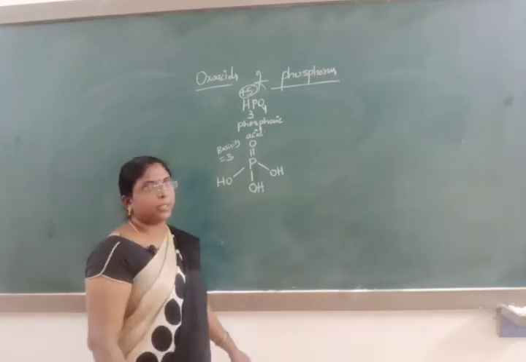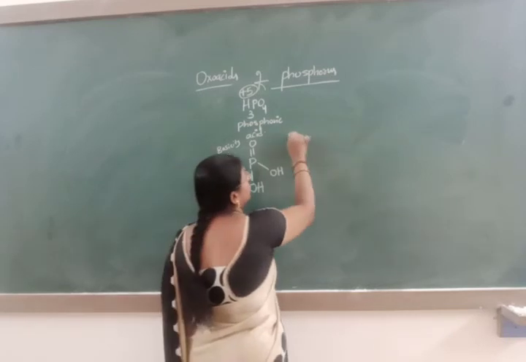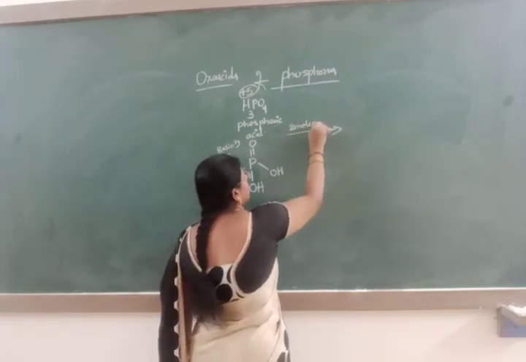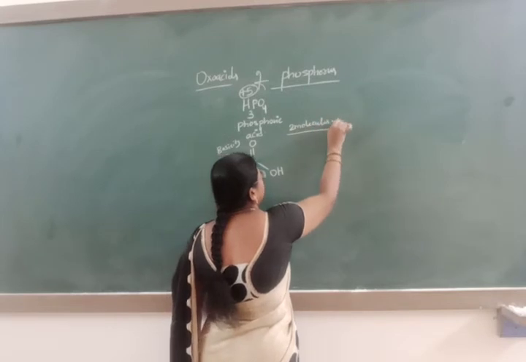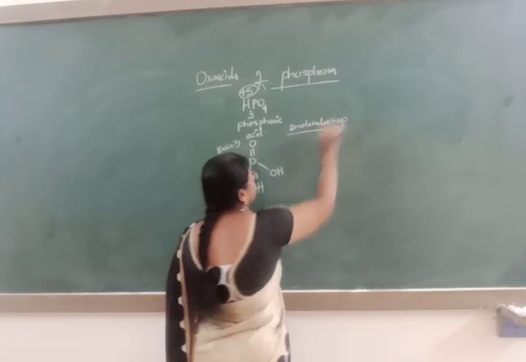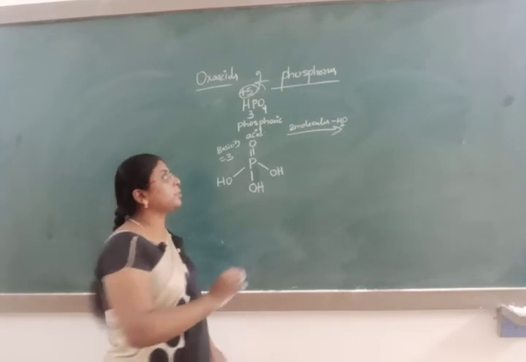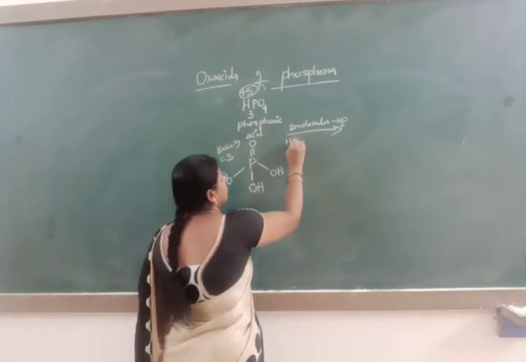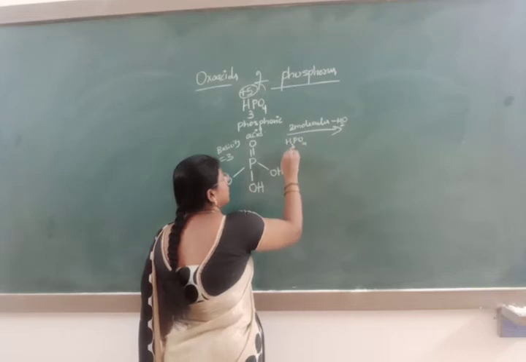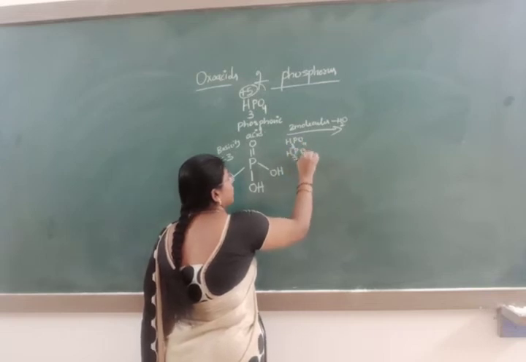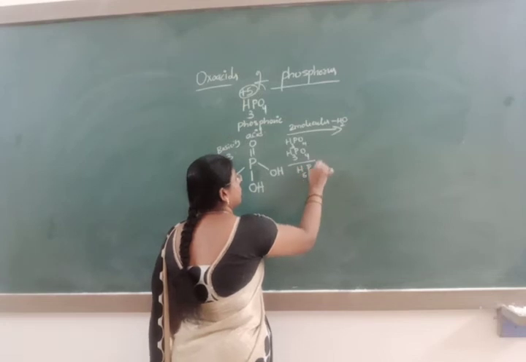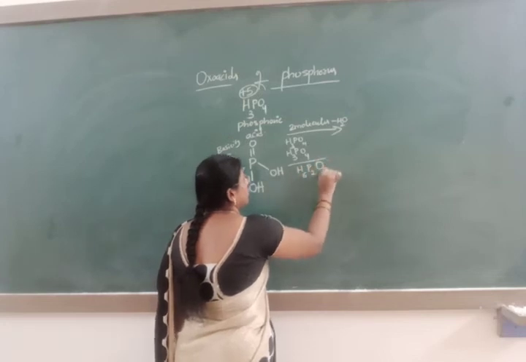Using this phosphoric acid, if I take 2 molecules of phosphoric acid minus water. 2 molecules of phosphoric acid means H3PO4 and another H3PO4. It will become H6P2O8.